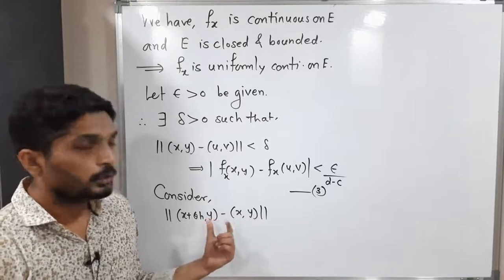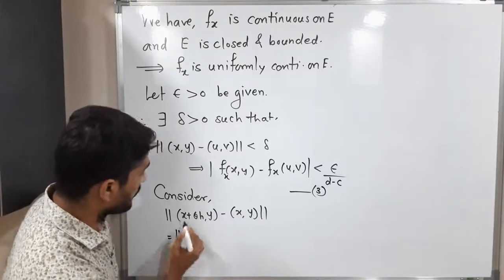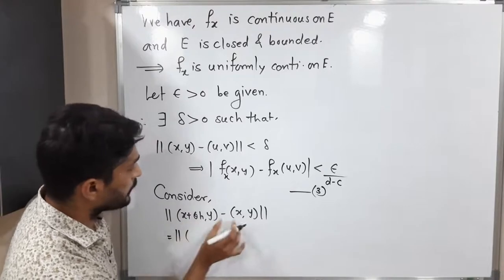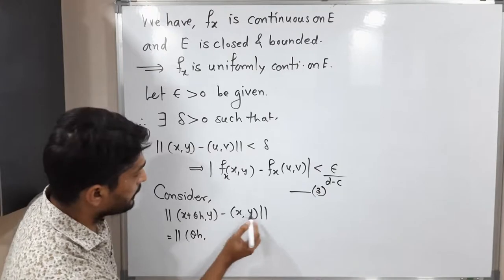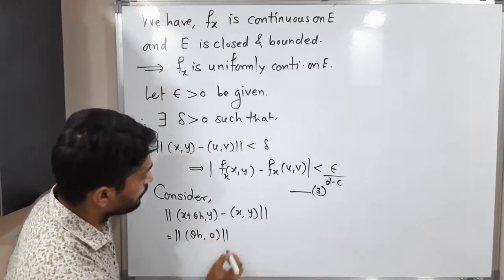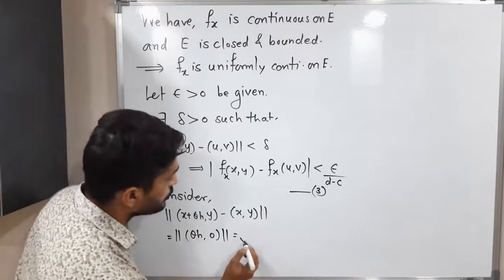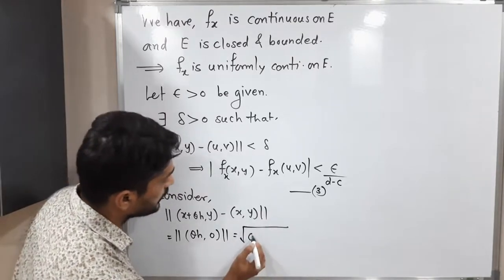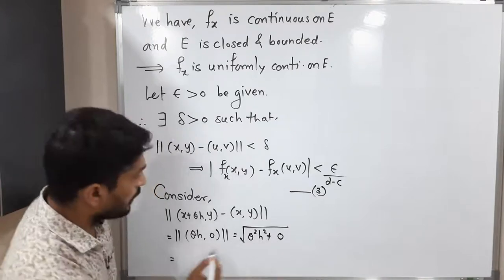You know well how to find the value of the norm: component wise subtraction. First component minus first component, x and x get cancelled, leaving theta h. Second component minus second component, 0. By the definition of norm, this is the square root of theta square h square plus square of 0.